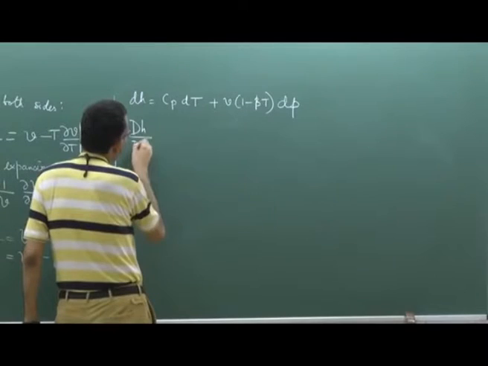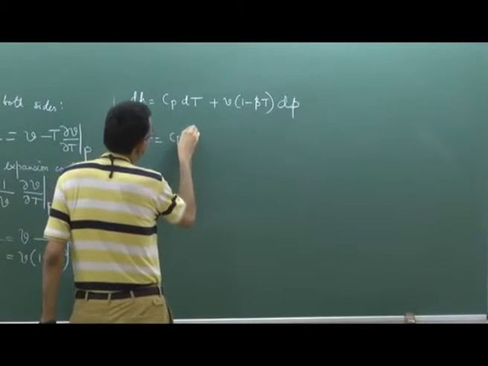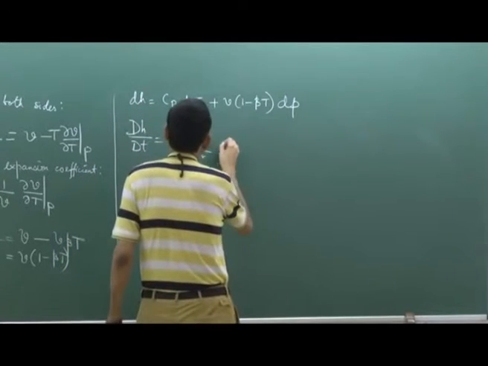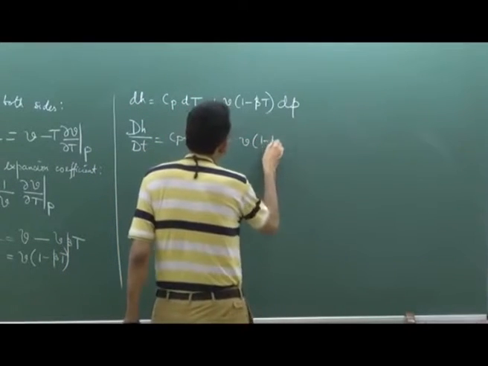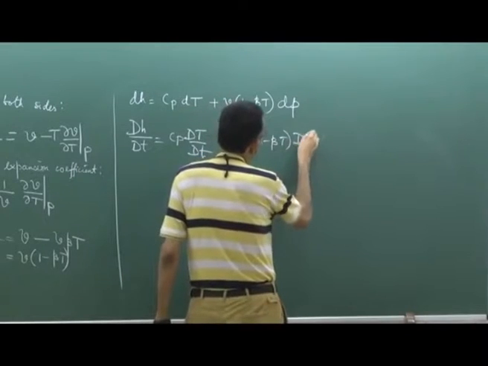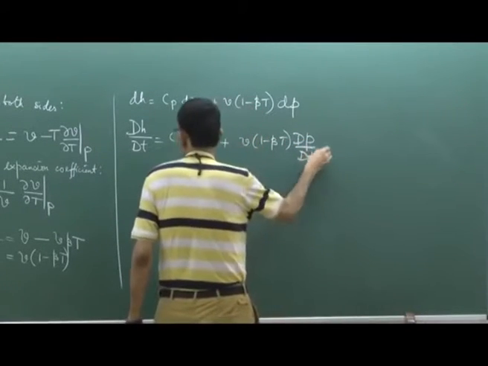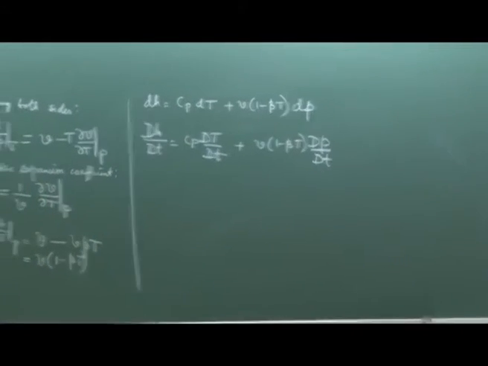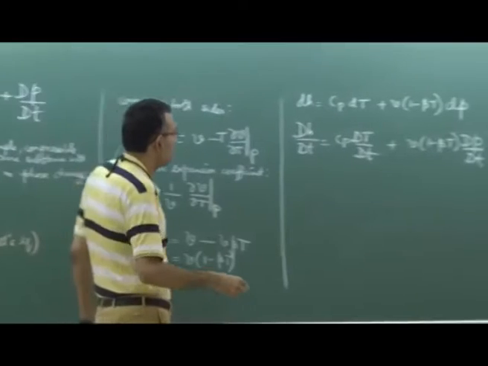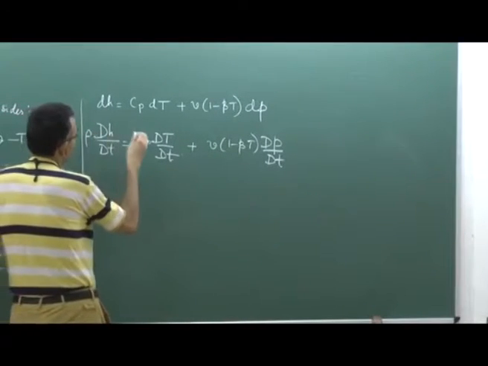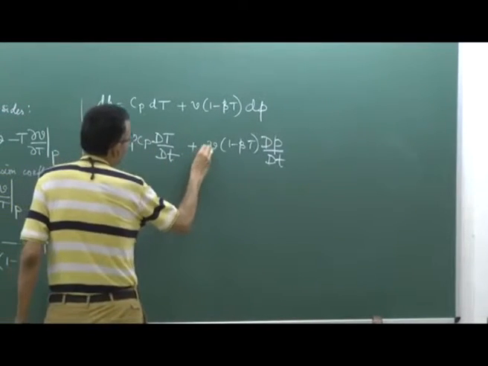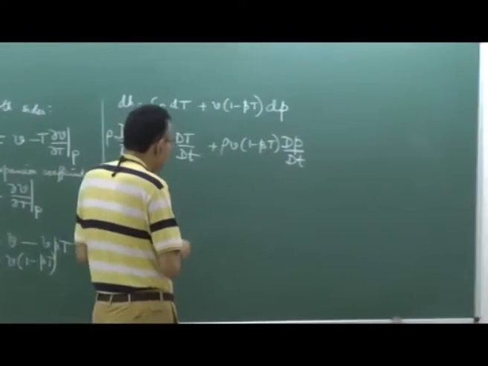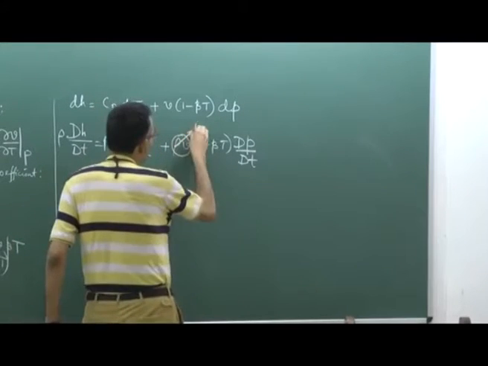So, you can write DH Dt is equal to Cp DT Dt plus, so in the left hand side what is required is rho DH Dt. So, rho DH Dt is, you multiply by rho all the terms. So, when you multiply by rho all the terms, rho into specific volume is equal to 1.